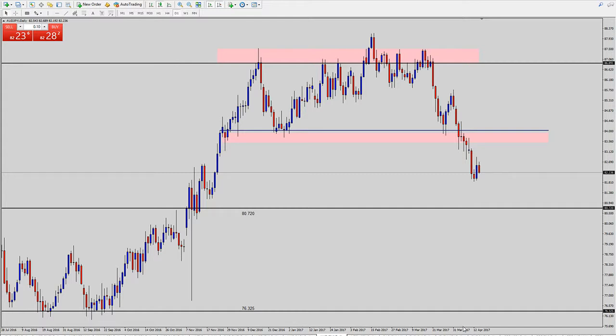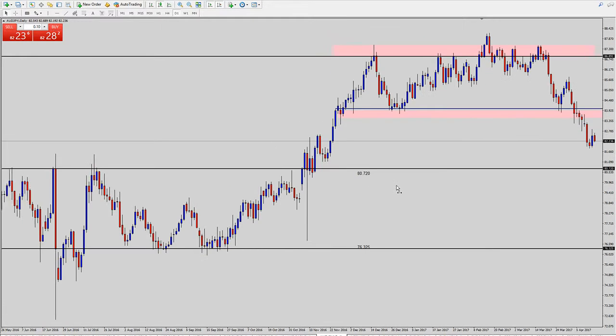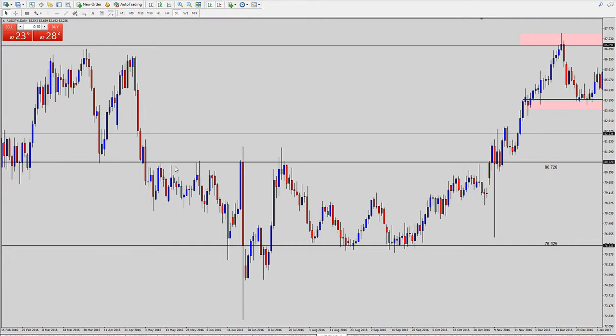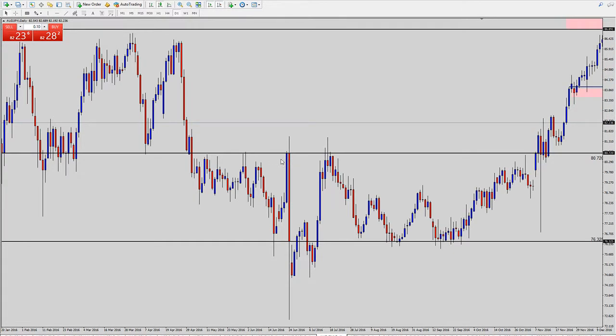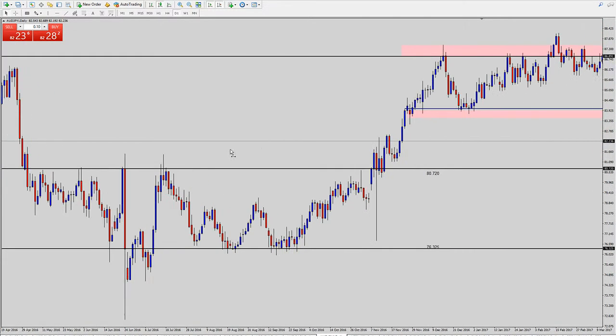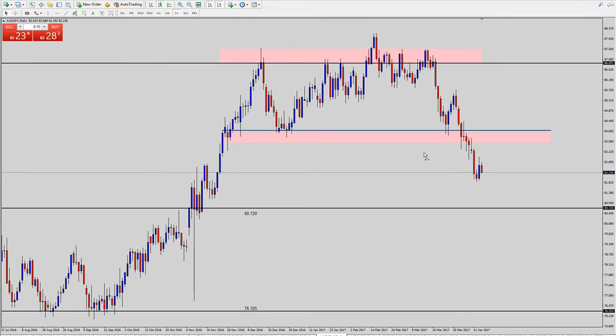Next up is AUD JPY. For those that's actually holding sell trades in this market, I'm just highlighting at the 80.72 zone as a target price area. So as you see in the past, that it held up as resistance for a while and support. So it's probably going to be pushing down to that major resistance support, well, this major zone in this area.